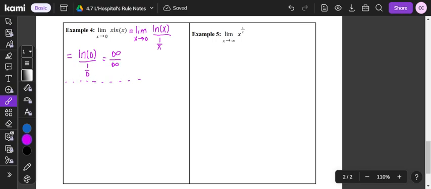All right, so let's go ahead and do that. I know that this needs to equal the limit as x approaches 0 of, I'm going to do L'Hopital's rule on this one. So take the derivative of the top, that is 1 over x, divided by the derivative of the bottom. Now, you have options here. This is a quotient, so you can do quotient rule: low d high minus high d low all over low squared.